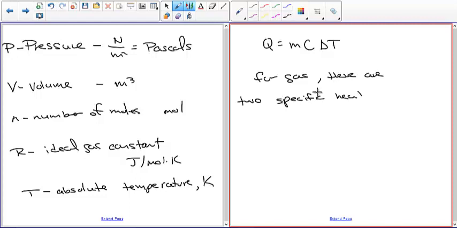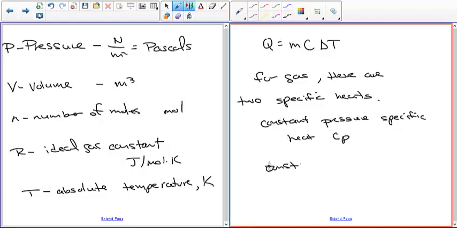We talked about steam, but there's what's called the constant pressure specific heat, and that's called C sub P. And there's the constant volume specific heat, and that's called C sub V. And they're not the same.